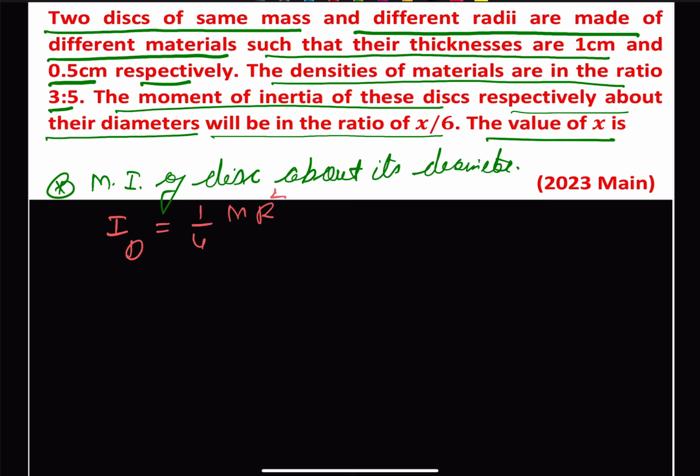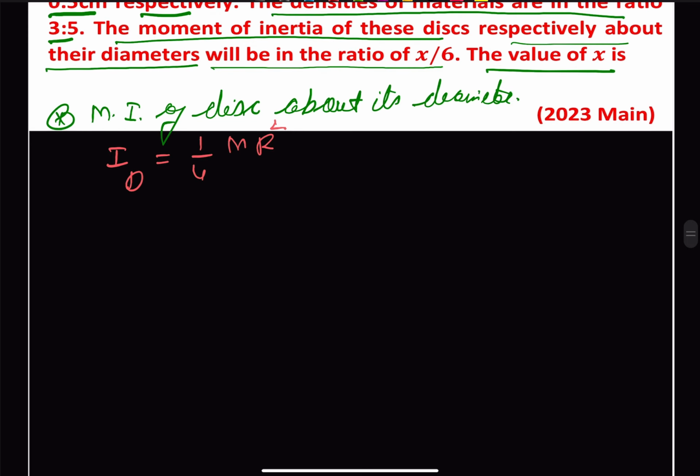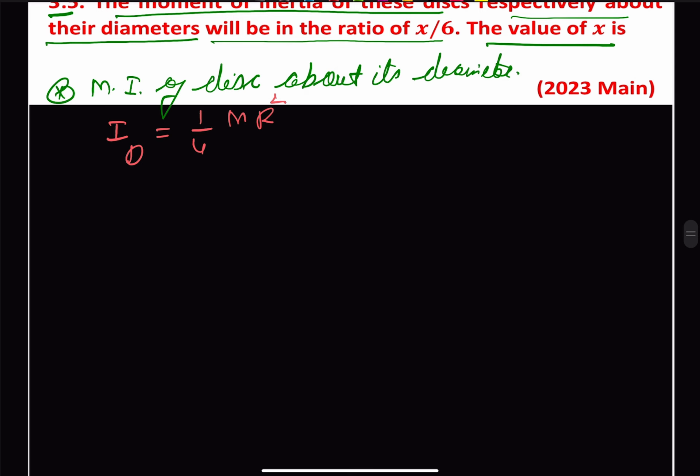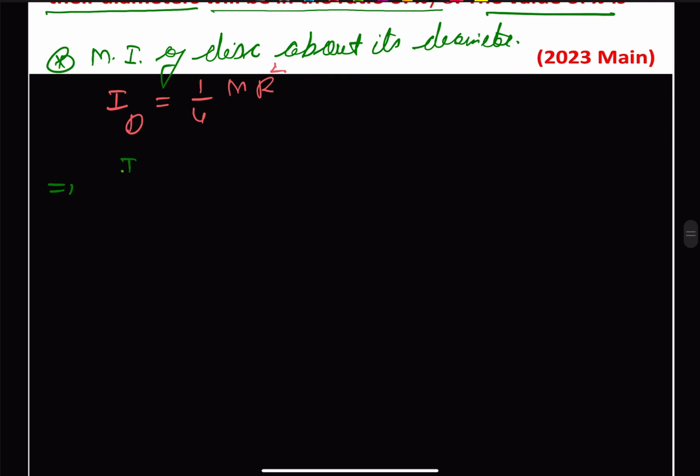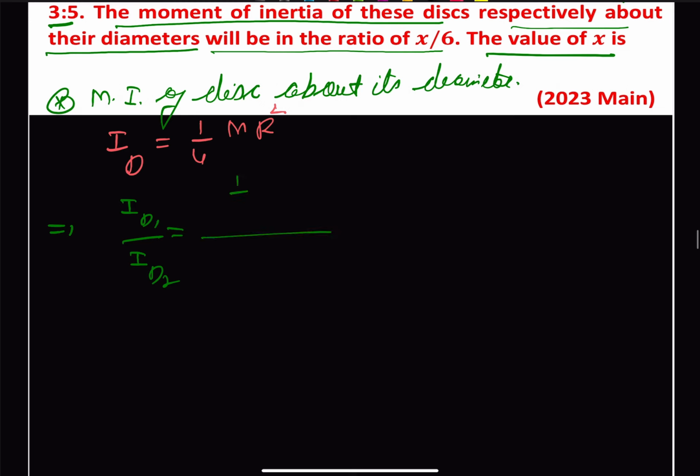So we can write this formula because we are having two discs made of different materials. Therefore we can write that Id1 upon Id2 will be equal to 1 by 4 m1 r1 square upon 1 by 4 m2 r2 square.